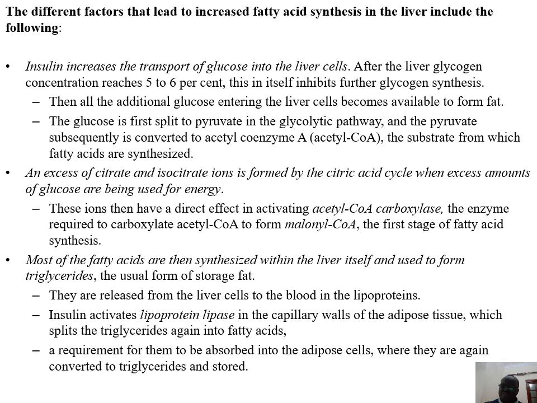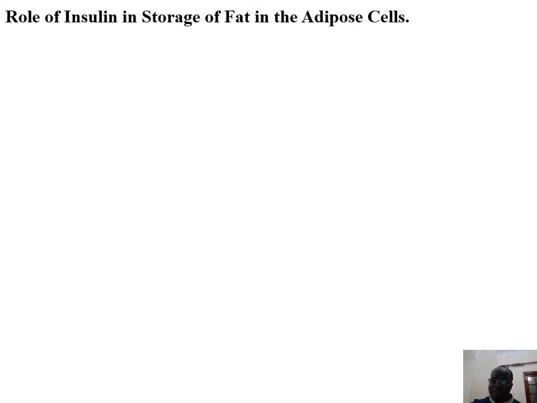So we saw this when looking at absorption of fat: when they are transported to the cells, they are broken down into fatty acids and glycerol, the fatty acids cross the phospholipid bilayer, and then in the cells they regenerate the triglycerides by reacting the fatty acids with the glycerol backbone.